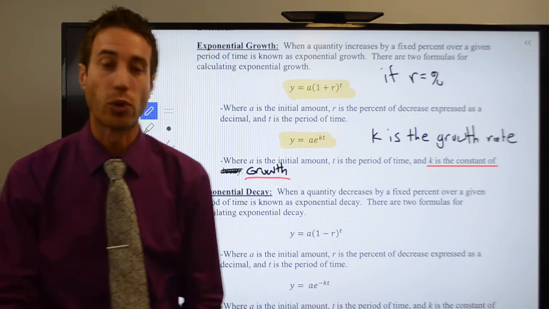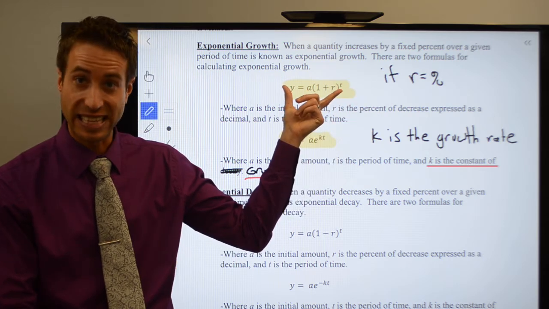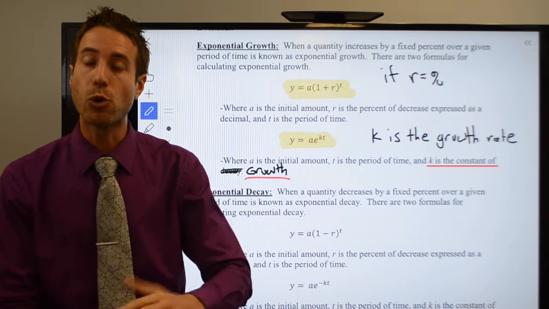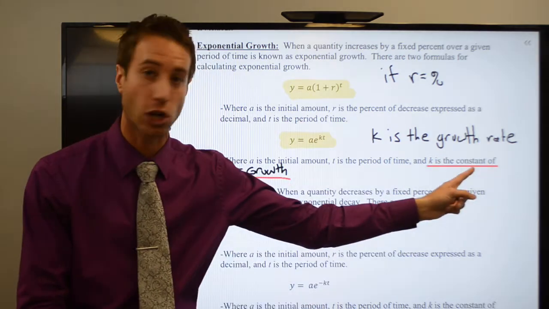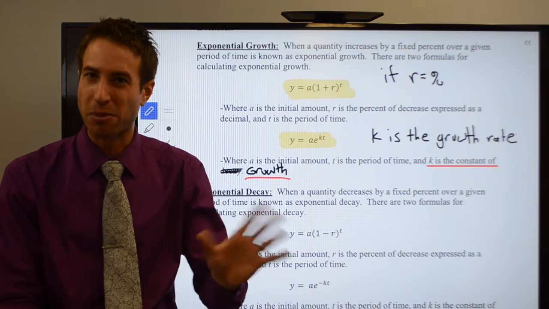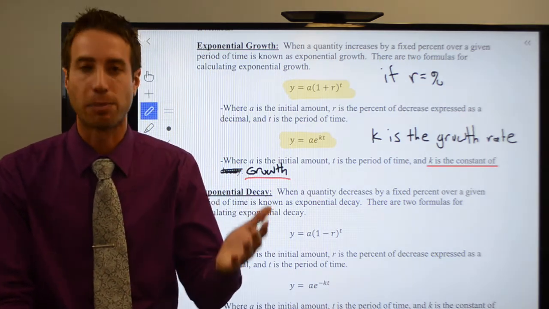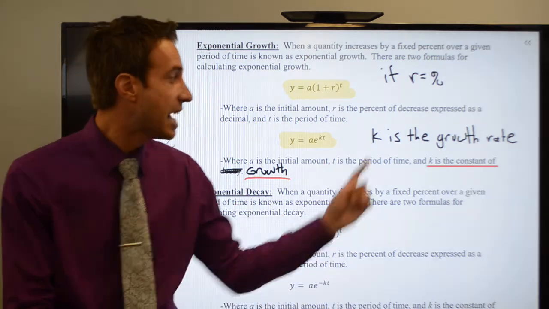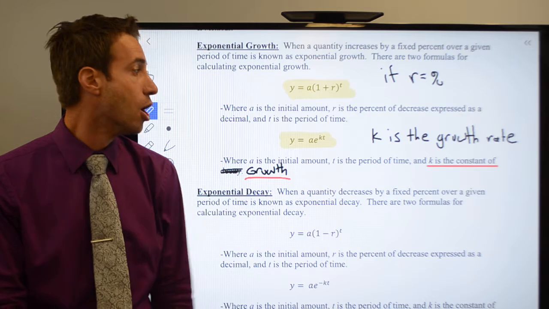So we're replacing r, which is a percentage in this equation, and instead we'll be given problems where the growth rate is given to us as a constant. It'll be some number. Generally, it'll be pretty small numbers. They'll be decimals, but it doesn't have to be. I mean, k could, depending on the problem or the situation, be anything. But k is going to be the growth rate. It'll represent the rate, and it'll be some constant.